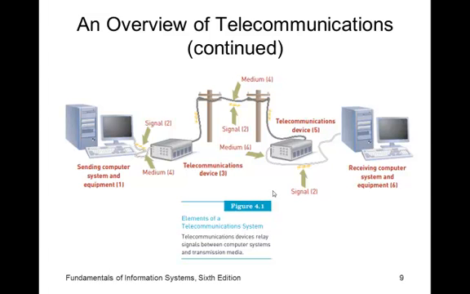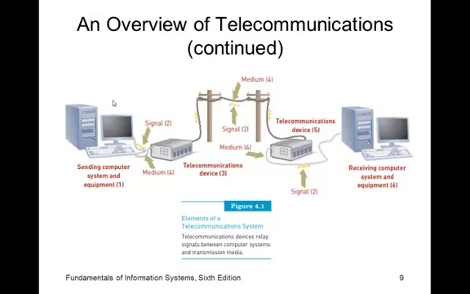These are the basic components. You'll see them numbered here. In any telecommunications, you've got a sending computer that sends a request or some type of signal. It sends it through a medium like a wire or wireless communications. We'll learn a little bit more about that: radio waves, satellite, even microwaves.